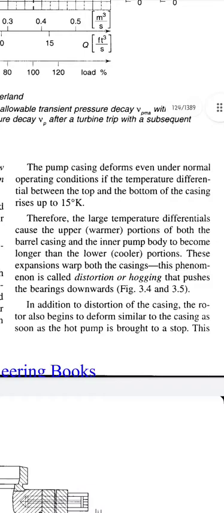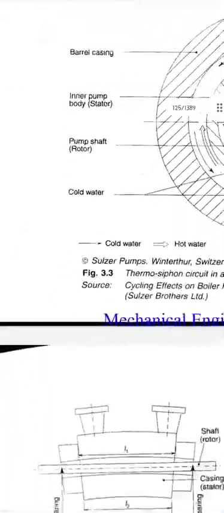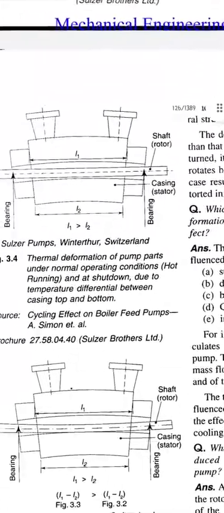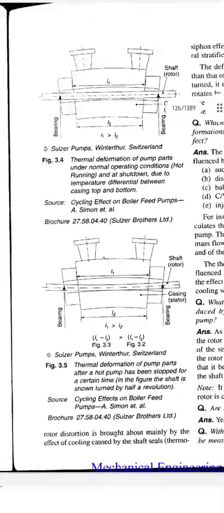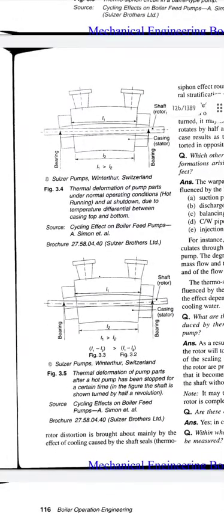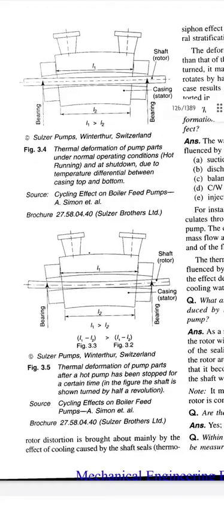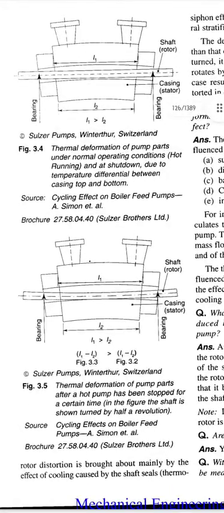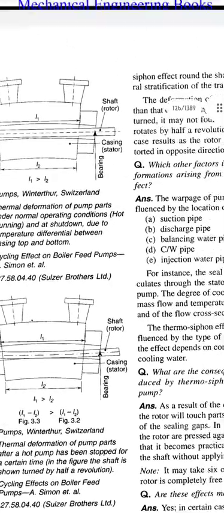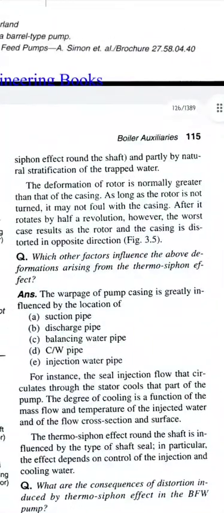In addition to distortion of the casing, the rotor also begins to deform, similar to the casing, as soon as the hot pump is brought to a stop. This rotor distortion is brought about mainly by the cooling effect of the casing and shaft seals, the thermosiphon effect around the shaft, and partially by natural stratification of the trapped water.